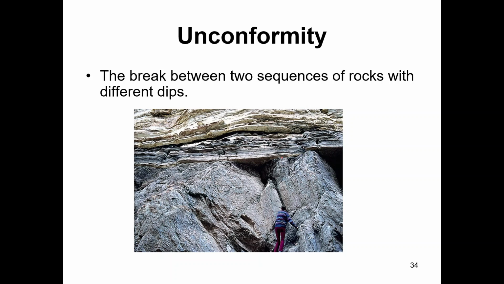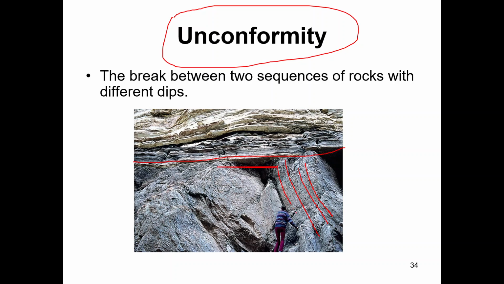Also, another term in discontinuity structures is unconformity. An unconformity is a boundary between two formations of different age. We have this layer, the structure of this sedimentary rock, which is quite steeply dipping in angle, compared to this sedimentary rock, which is a horizontal layer.